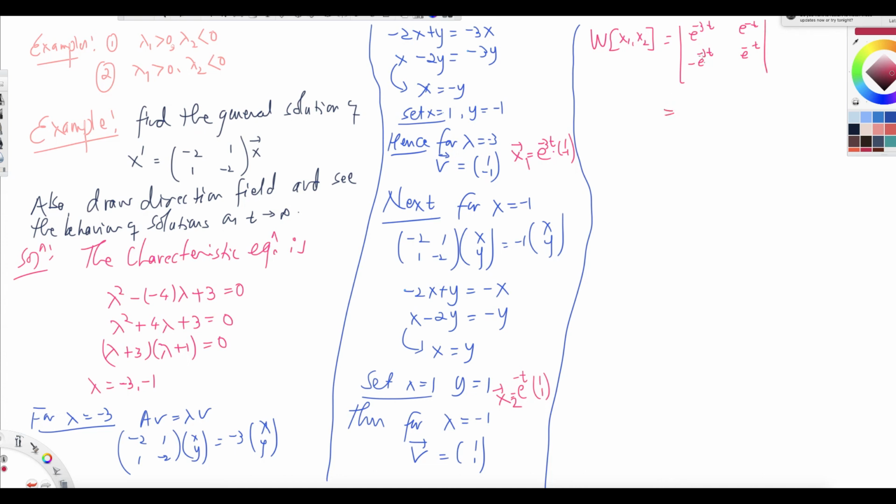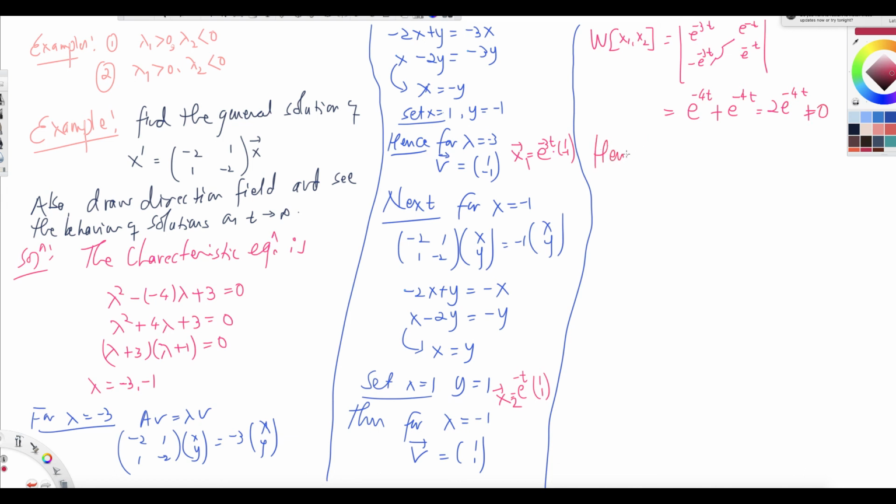The determinant is e to the negative 3t times e to the negative t, which is e to the negative 4t, minus negative e to the negative 3t times e to the negative t, which is plus e to the negative 4t. That is 2 e to the negative 4t, which is not equal to 0. Hence, we have linearly independent solutions.